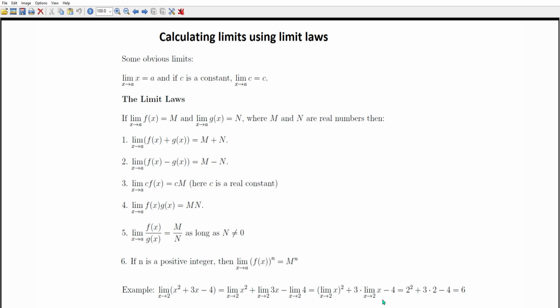Okay, and now the limit as x goes to 2 of x is 2. Same thing here. We get 2 squared plus 3 times 2 minus 4, or 6. Now, one of the things to notice here is this thing, 2 squared plus 3 times 2 minus 4, is exactly what you would get over here if you plugged in the function value 2 instead of taking the limit.